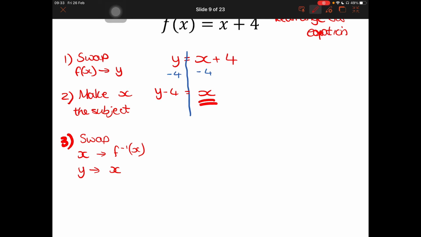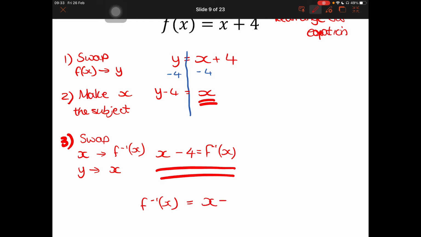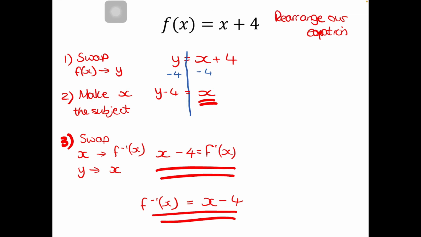Okay, so my x becomes f to the minus 1 of x. My y becomes my x. And there, we can just write it the other way around as well, so it's in a form that we recognise a little bit more. That will now give us our inverse function.